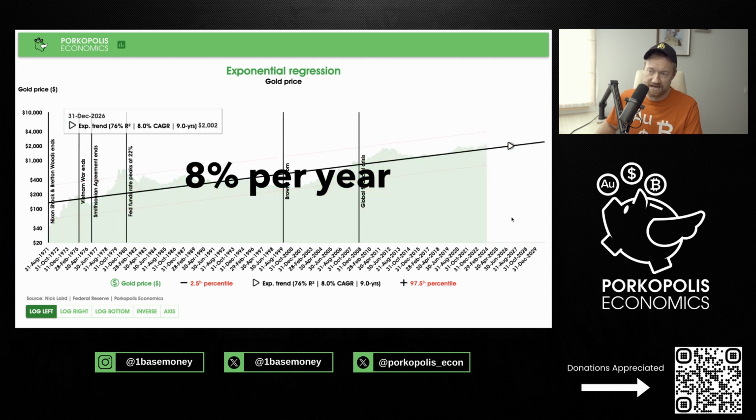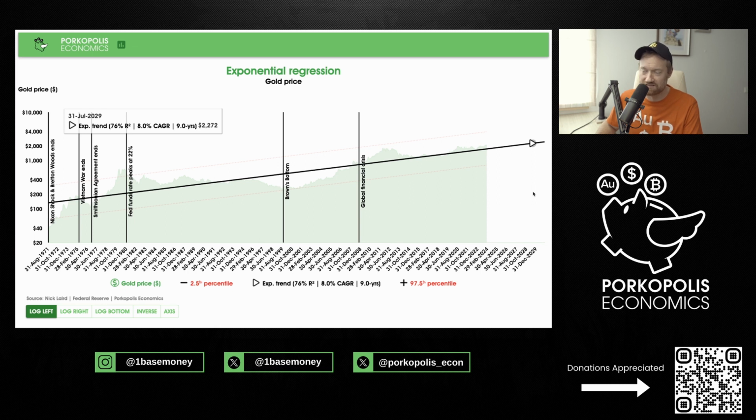And we can also extend out beyond today. Let's go out to 2030. 8% per year for gold will give you about $2,400 an ounce by 2030. Again, past performance doesn't equal future results. It's just a statistical prediction. That's all that I'm doing here.